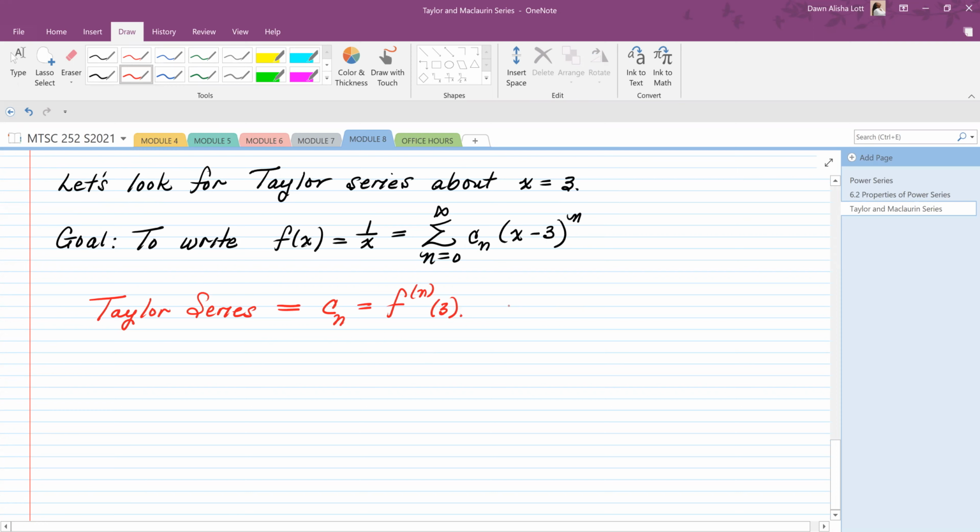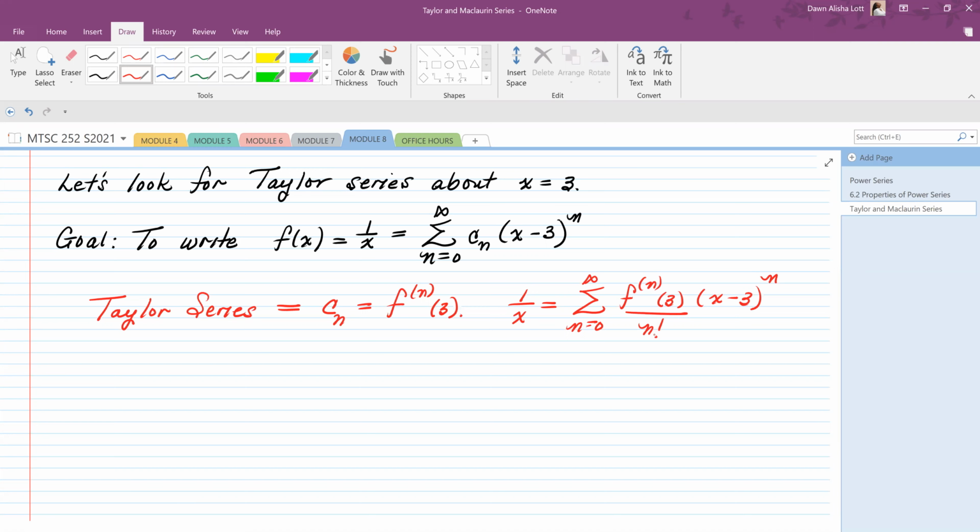So I will get 1 over x is going to be the sum n equals 0 to infinity of the nth derivative evaluated at 3 times x minus 3 to the n, still over n factorial. Now this one is a really good one because it allows you to see, do not multiply things out. Leave them as they are so you can see what the formula is.